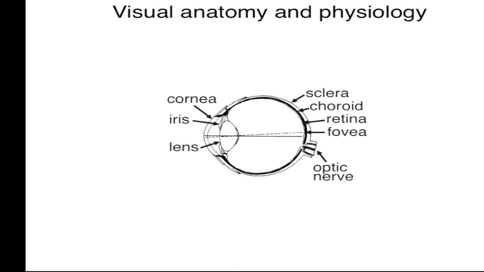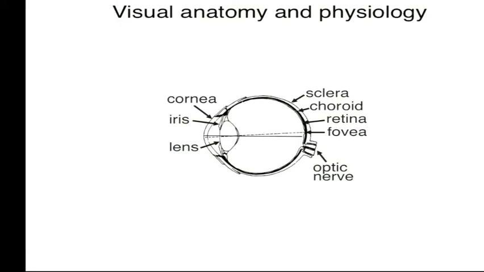In the front of the eye is the optical system, the cornea, the iris, and the lens. The cornea is fixed, and provides most of the refractive power of the visual system. The lens is not fixed and changes shape to provide accommodation and focus at different distances. And the iris opens and closes to allow more light in.